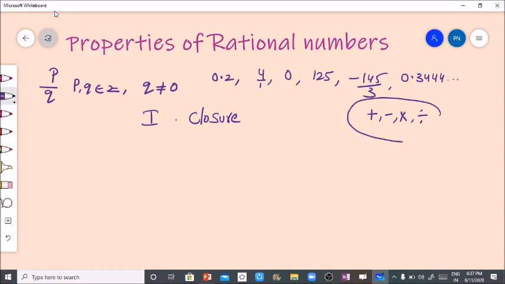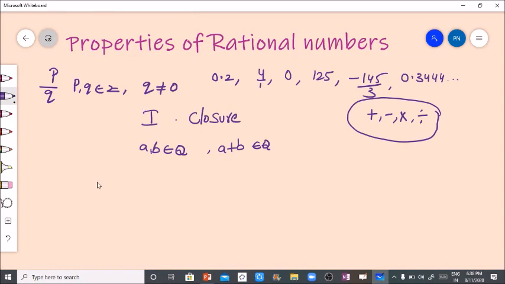For these four basic operations we are going to check whether closure property is satisfied or not. If A, B are rational numbers, so rational numbers are indicated by Q because of quotient numbers, then A plus B is also a rational number, and we can say the closure property is satisfied under addition.